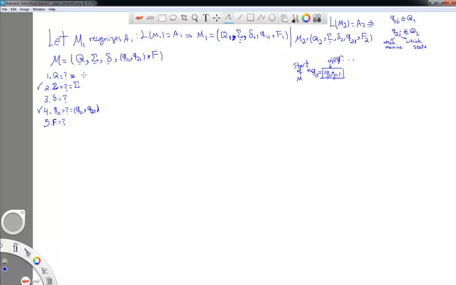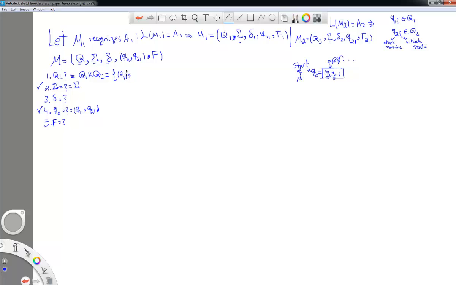So I'm going to create my set Q for M to be the cross product of Q sub 1 and Q sub 2. Take the set of states of the first one and the set of states Q sub 2 of the second one, cross product the two, and you get the set of states for your automaton that would recognize their union. How would that look? It would look something like this.